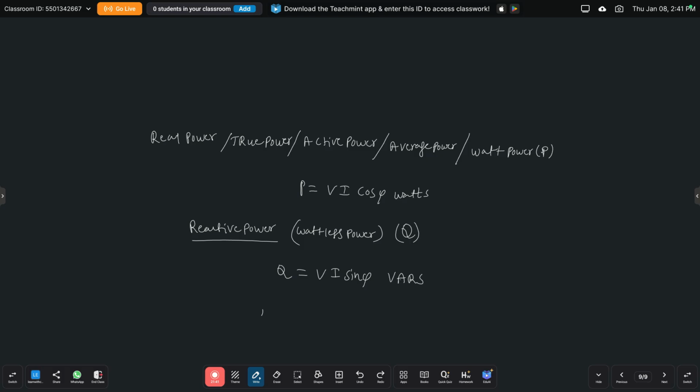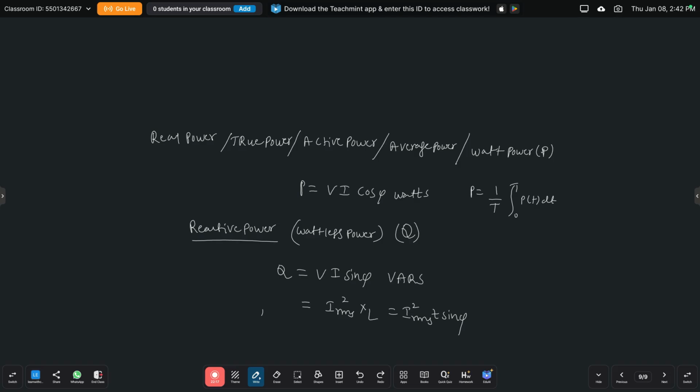Now the average power delivered to the reactive elements is always 0, or you can also write the reactive power as I RMS square into XL, that is I RMS square into Z sin phi. You can also write the average power as P is equals to 1 by T integral 0 to T p of t dt.